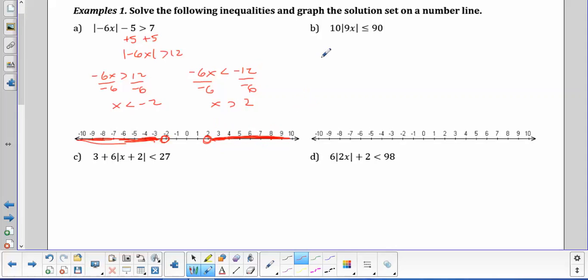Alright, let's keep it moving. 10 times absolute value of 9x is less than or equal to 90. This 10 is being multiplied, so to undo it, we have to divide. So let's do that. Okay, we end up with absolute value of 9x is less than or equal to 9. The bars are by themselves, so that means I can split it. Don't get ahead of yourself and try to combine steps and then end up confusing yourself.